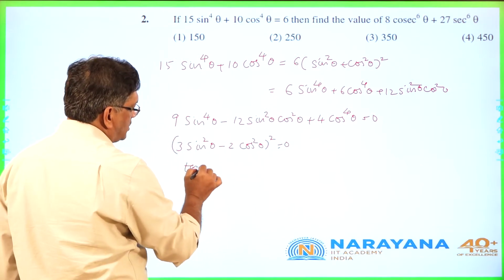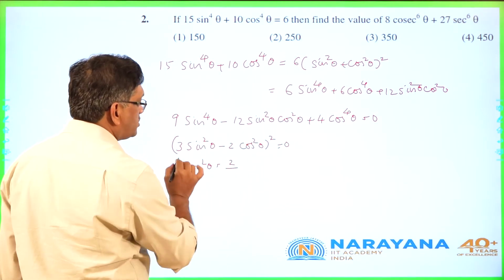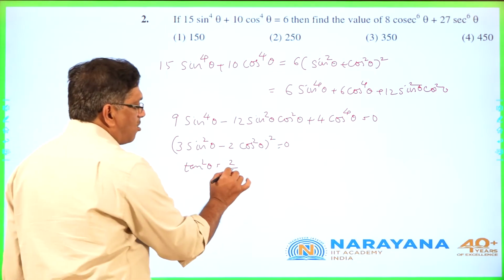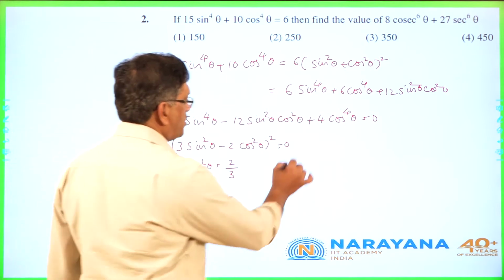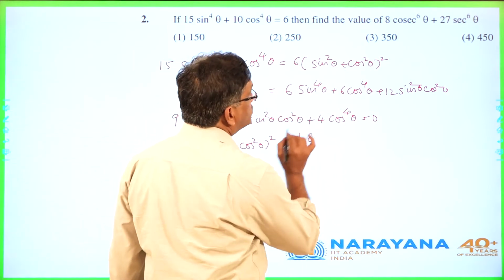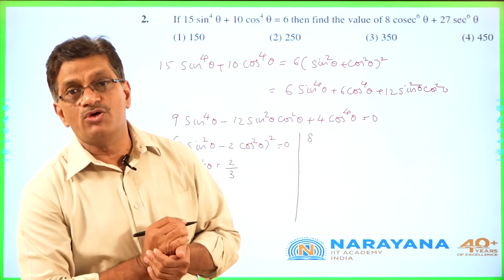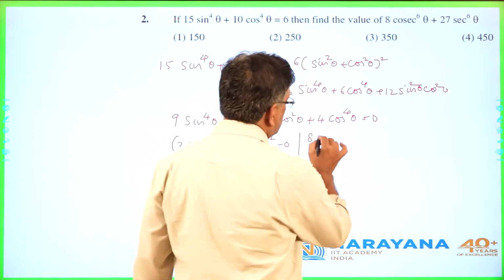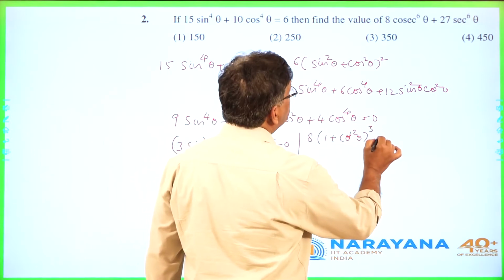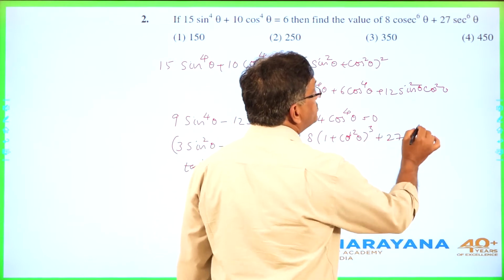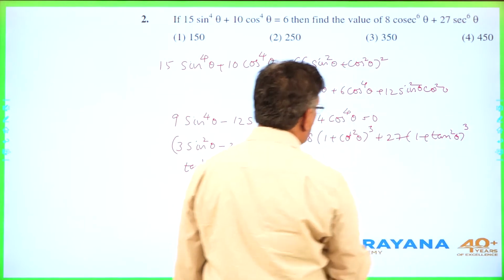That is nothing but, when you send it to the other side, sin square by cos square, tan square theta is equal to 2 by 3. But we want an expression like this: 8 cosecant power 6 theta, which can be written as 8 times cosecant square whole cube. Cosecant square is 1 plus cot square, whole cube, plus 27 secant square, that is 1 plus tan square theta, whole cube.